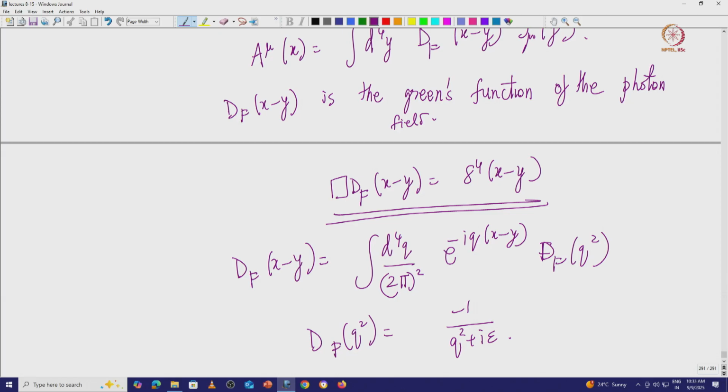Del square would be given by, in Fourier mode, 1 by q square, and the inverse of del square is nothing but 1 by q square. So q square D_F is equal to the Fourier mode of delta power 4, and so D_F is equal to 1 by q square plus I epsilon. Now we have already done this, but I am just doing it for completeness. Photon propagator.